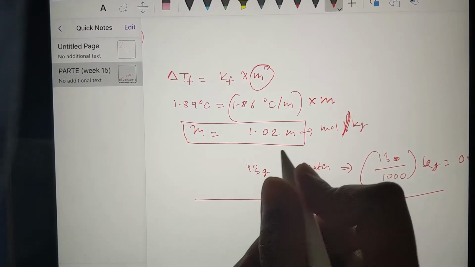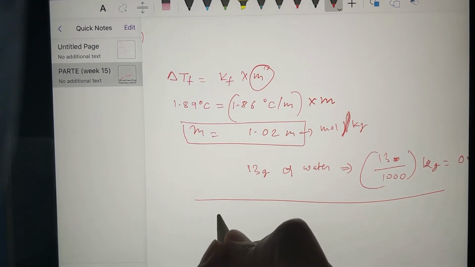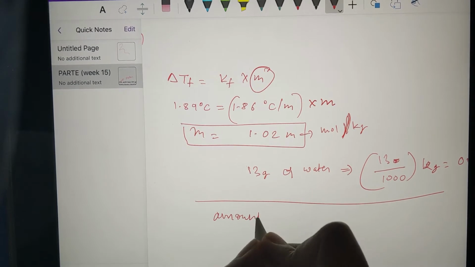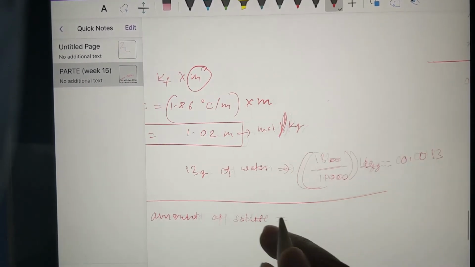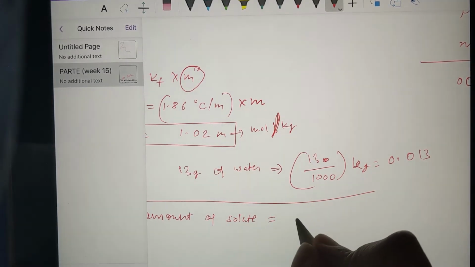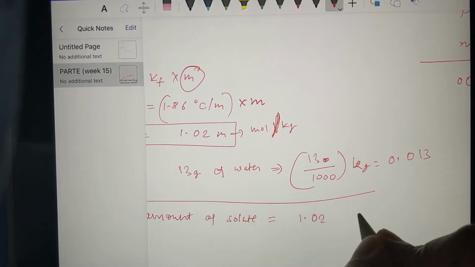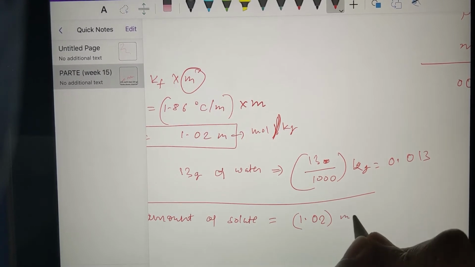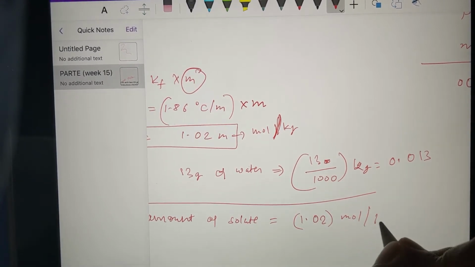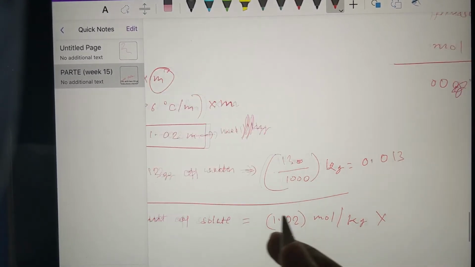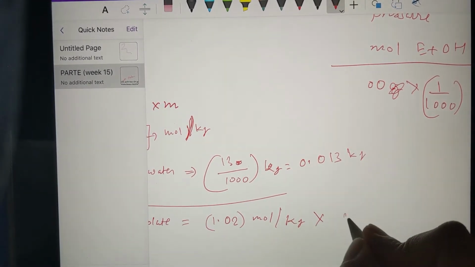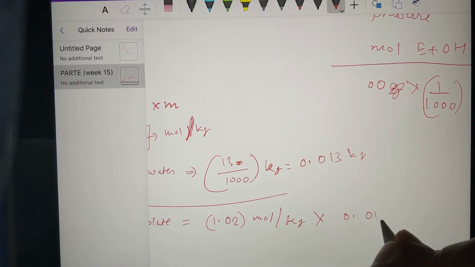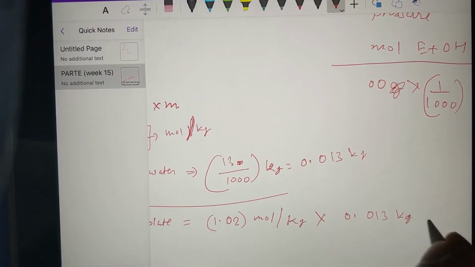So to calculate the number of moles or amount of solute, you're gonna multiply this 1.02, which is in mole per kg, and then you have 0.013 kg water.